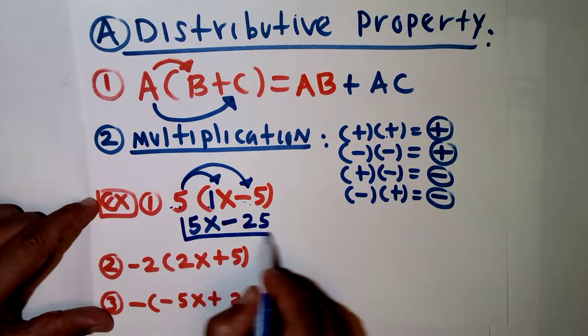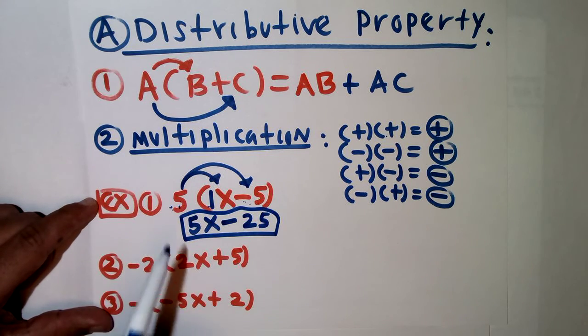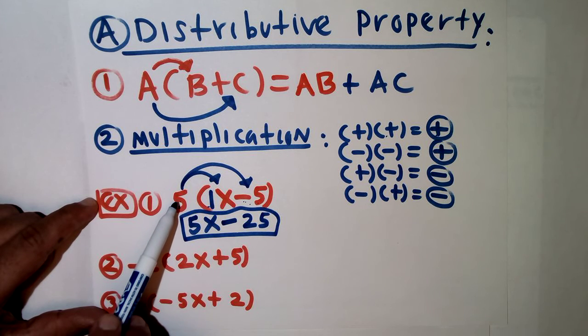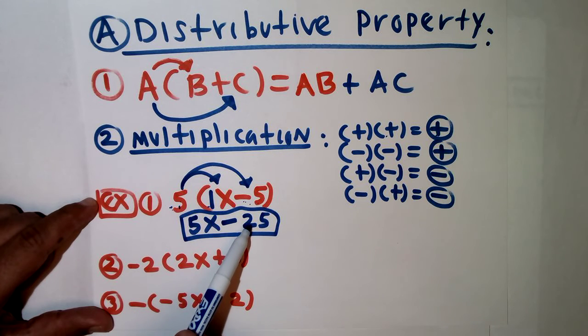And that's your final answer. If you get careless, you might say 5 times 1x is only 5x and then just minus 5, which is wrong. Make sure you multiply both of them.